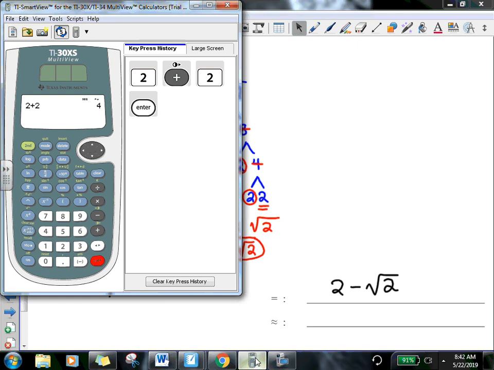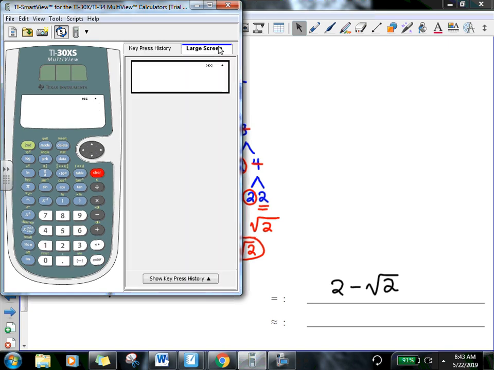Let's see, mine's not working here. See if I can get this to clear. All right, so we do 2 minus the square root of 2. Sorry, I got too many in there, so I'll clear that out again.